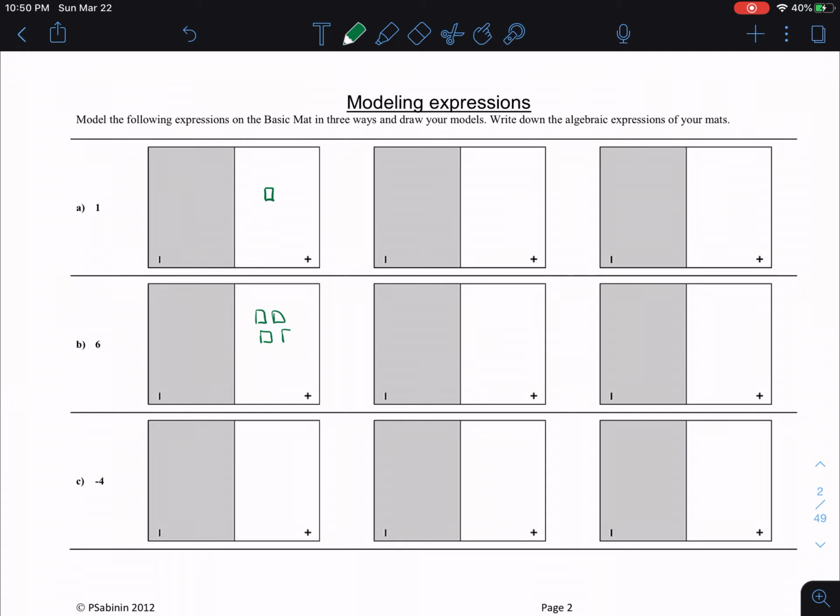If we had 6 green squares in the positive, that would have modeled positive 6. And if we wanted negative 4, we would have to put 4 squares in the negative. But this question actually asks us to model positive 1 in another way. Now pause this video and see if you can figure out a way that you could model a positive 1 in yet a different way.